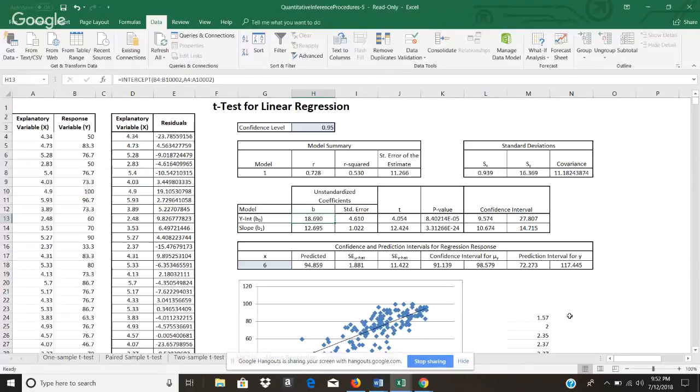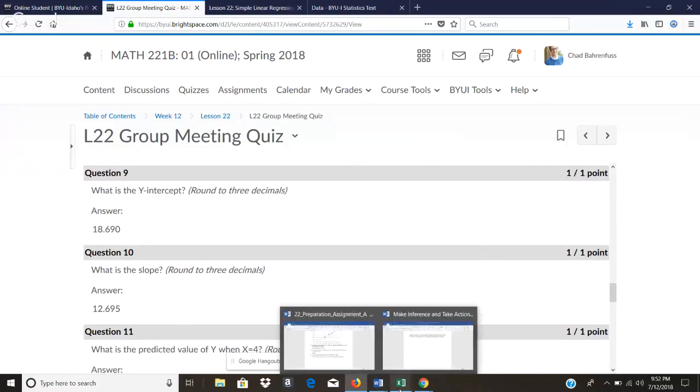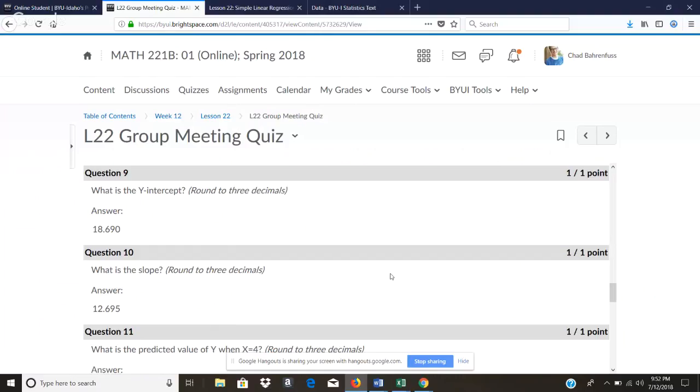This is the b. And the slope is 12.60 something. 4.695. Well, that was easy. It's just a matter of understanding the Excel. That's right.